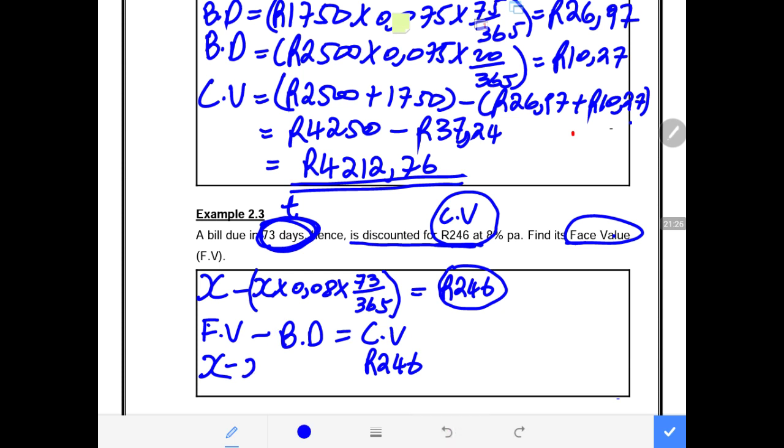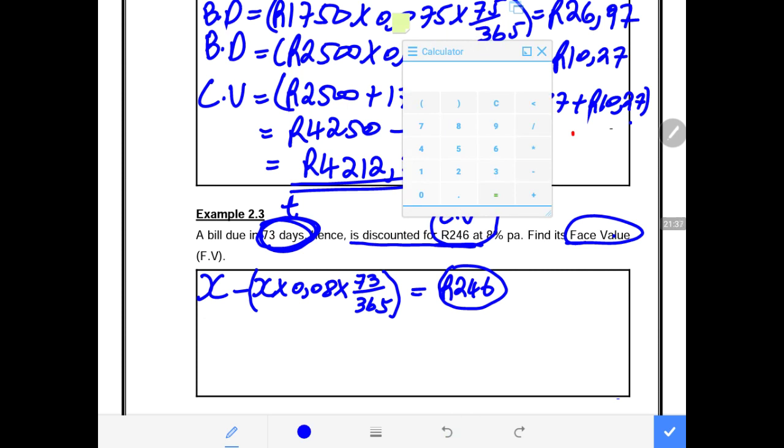I want to make this very clear, because I know sometimes it can be very tricky to deal with such scenarios. So now we are solving the unknown. How to solve the unknown? We start by saying 0.08 times 73 over 365.